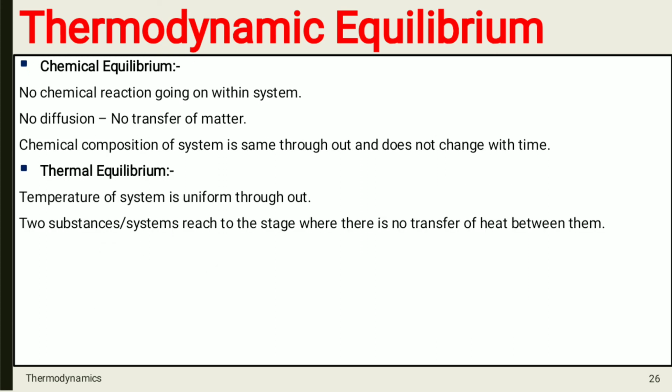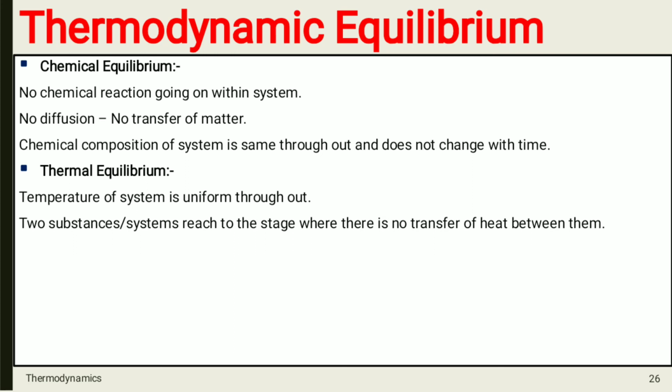Now we can see what is meant by chemical equilibrium. In chemical equilibrium, no chemical reaction is going on in the system, no diffusion, no transfer of matter, and whatever chemical composition is present in that system will not change with time.